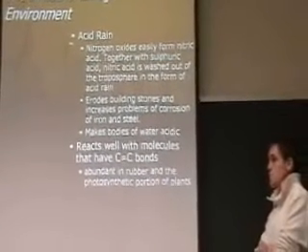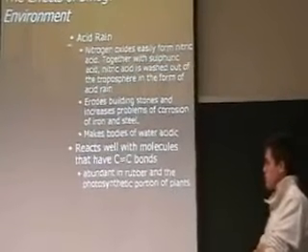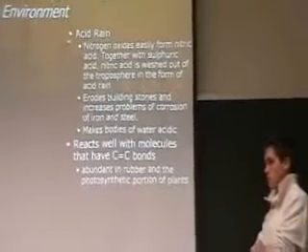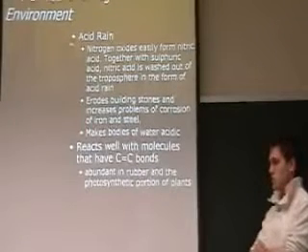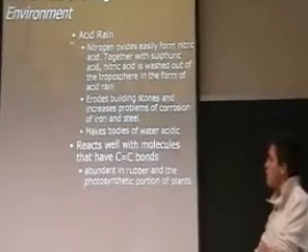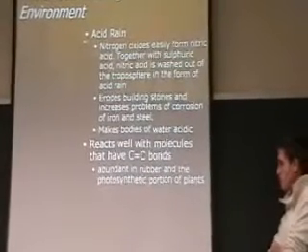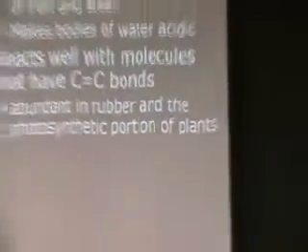It erodes buildings, helps with the corrosion of iron and steel, and also makes bodies of water acidic, which can damage any sort of fish or marine life. It also reacts well with molecules that have carbon double bonds, which are abundant in rubber and the photosynthetic portion of plants, so it can break down leaves of plants.